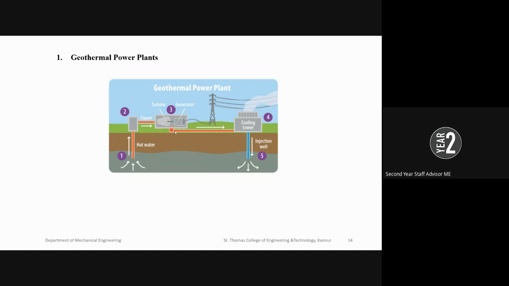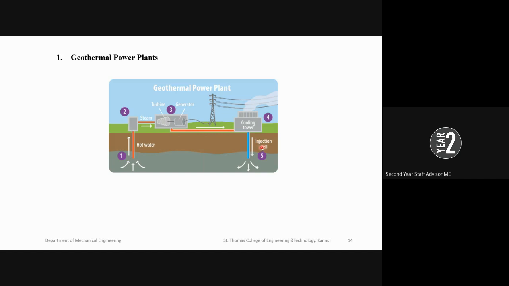It is taken into a cooling tower, where it is condensed and converted into liquid again, and given back to the underground. There is a new term, injection well. It is a well by which water is pumped into the earth.